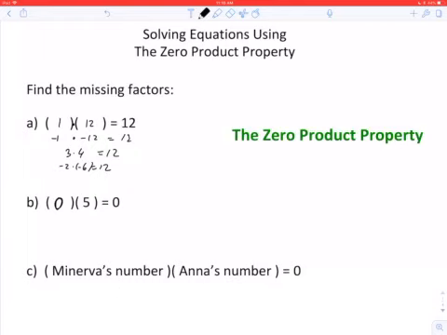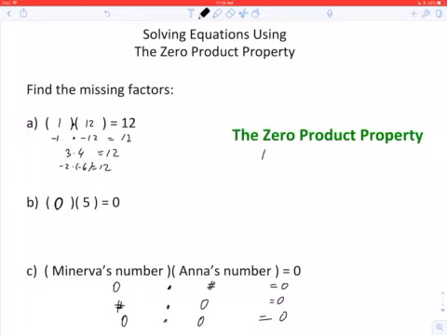Since we know that the product is 0, Minerva's number can be 0. So 0 times some number is 0. Or Anna's number should be 0. Minerva's number times 0 can be 0. Or both of the girls can think of 0. 0 times 0 is 0.